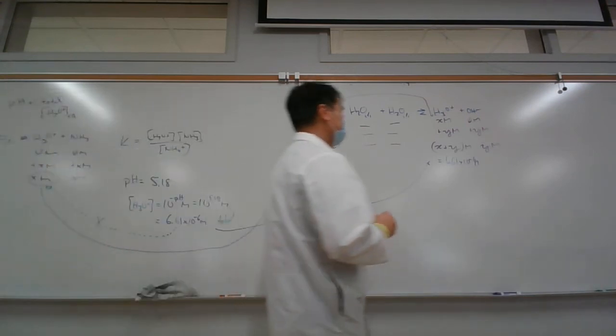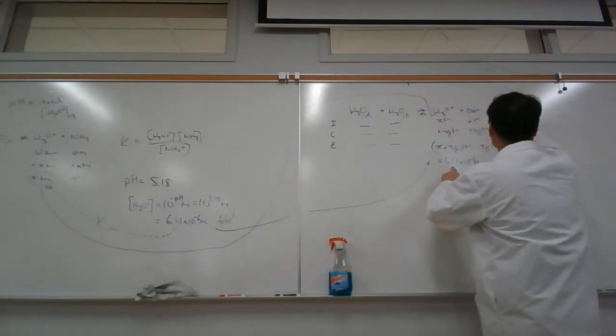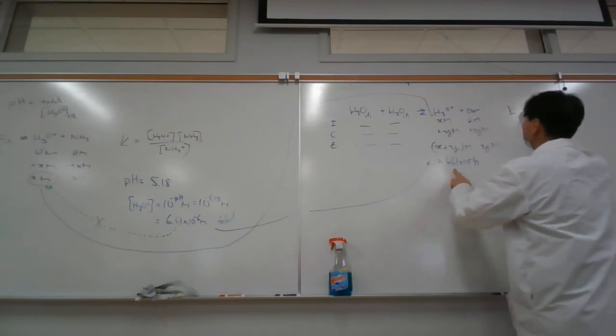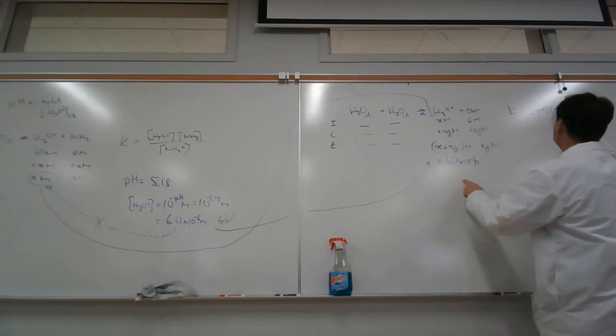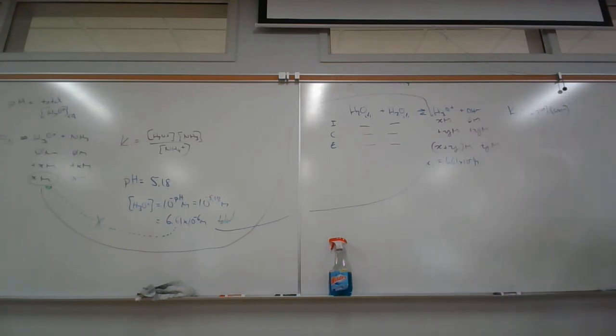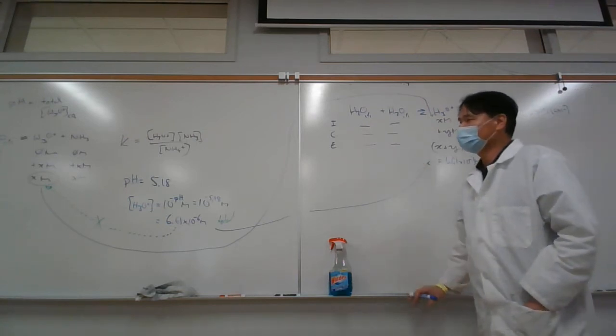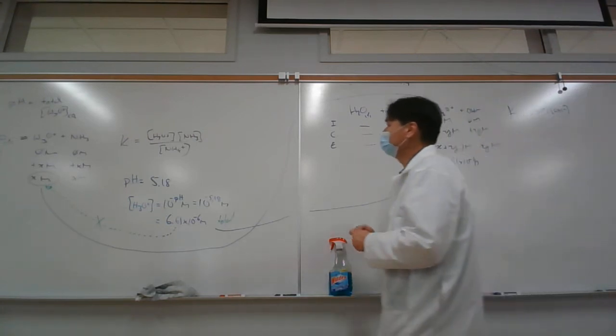And then the second equation would be over here, that is K is equal to the hydronium times the hydroxide. And then I plug it in here and then solve. You know, when you have 2 equations, 2 unknowns, you solve for one and then substitute. Okay? So we solve for one and substitute and then figure out what x and y are.